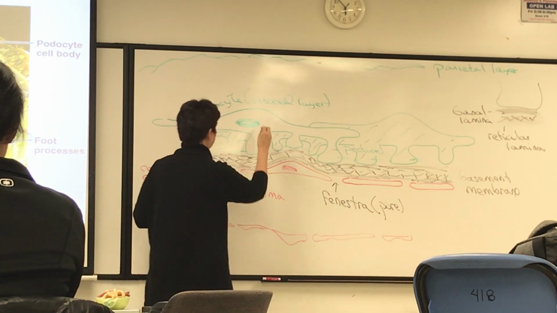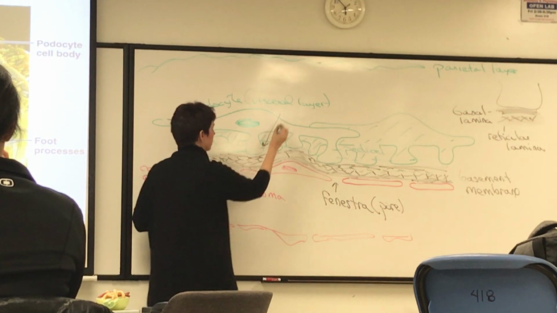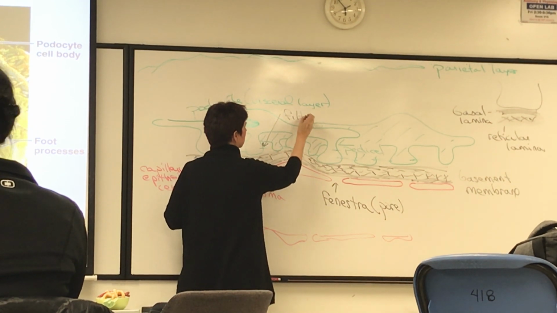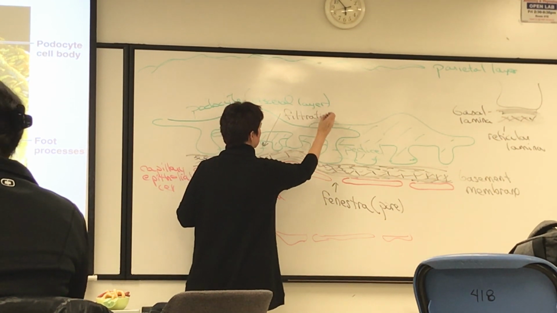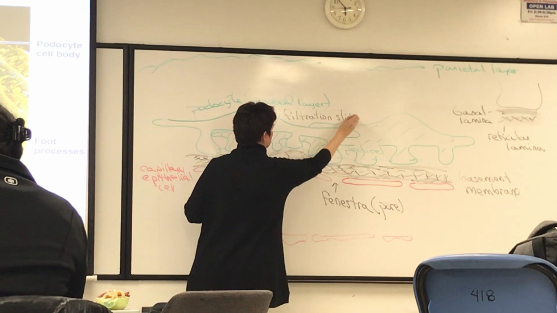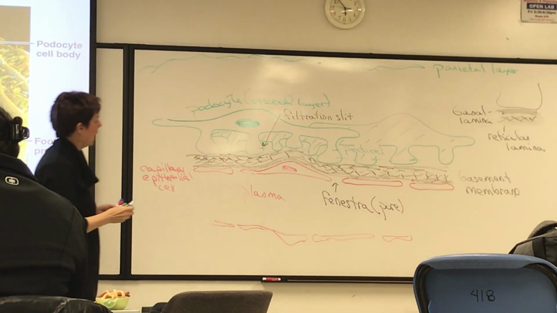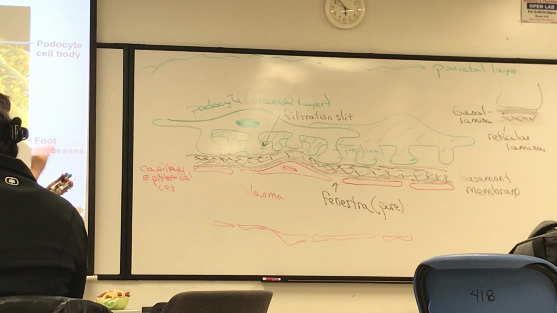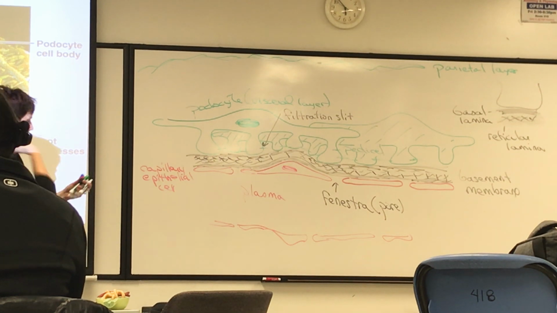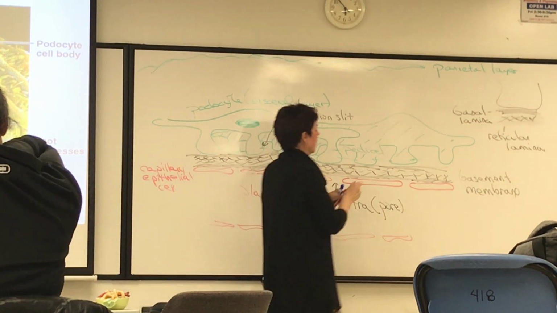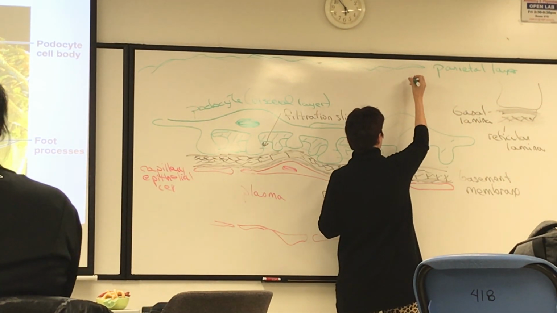Where's a good place to diagram that? So let me draw a filtration slit up here for clarification, next to the basement membrane.